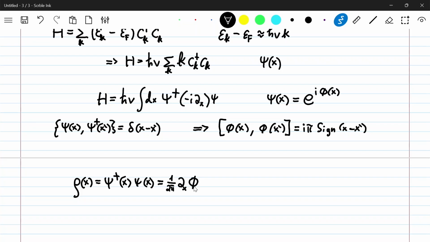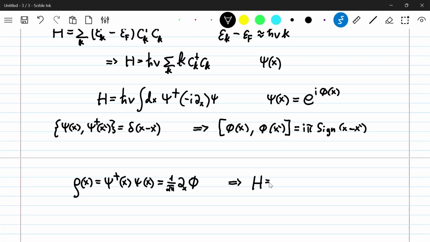Now if I take this Hamiltonian and rewrite it in terms of the new field, I get the following result. It's the same Hamiltonian.